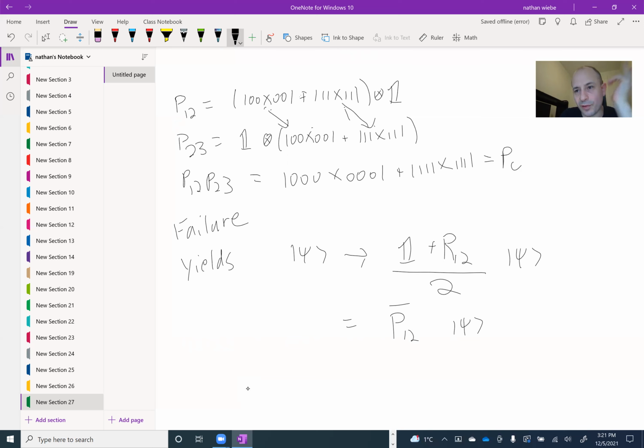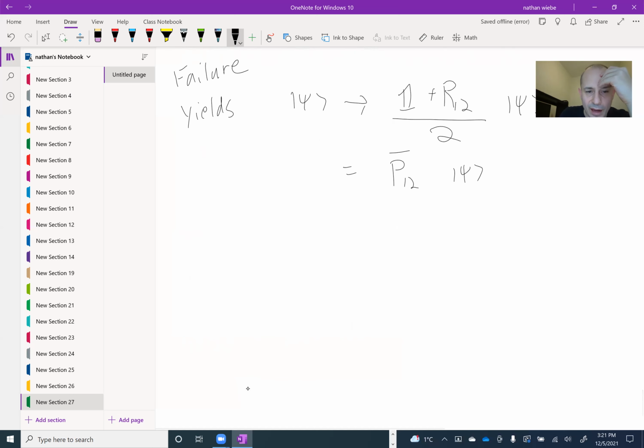So what this ends up meaning is that in the event that we fail, we're going to actually project onto the space that's orthogonal to the support of this. So for example, if we had a state of the form A|00> plus B|01> plus C|10> plus D|11>, applying our projector and failing will end up mapping us to the orthogonal complement of the code space, or of the space we're trying to project onto.